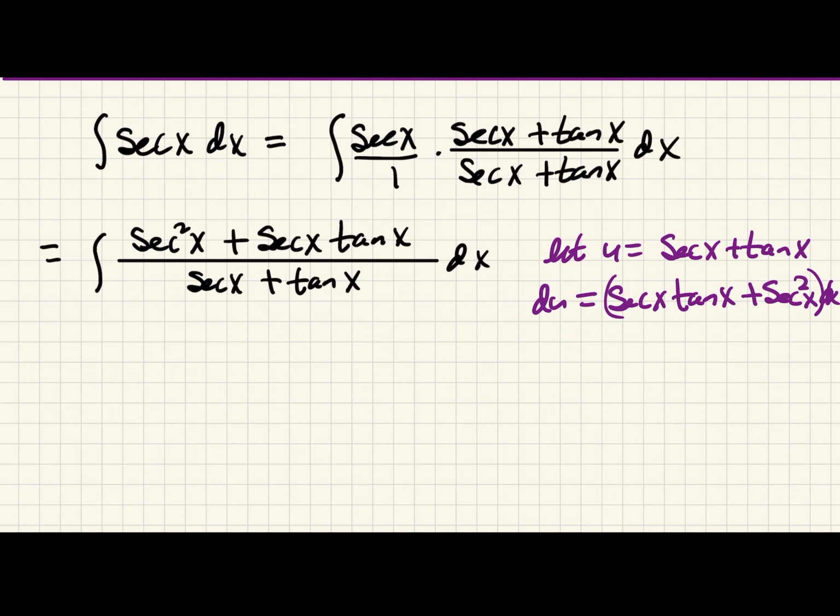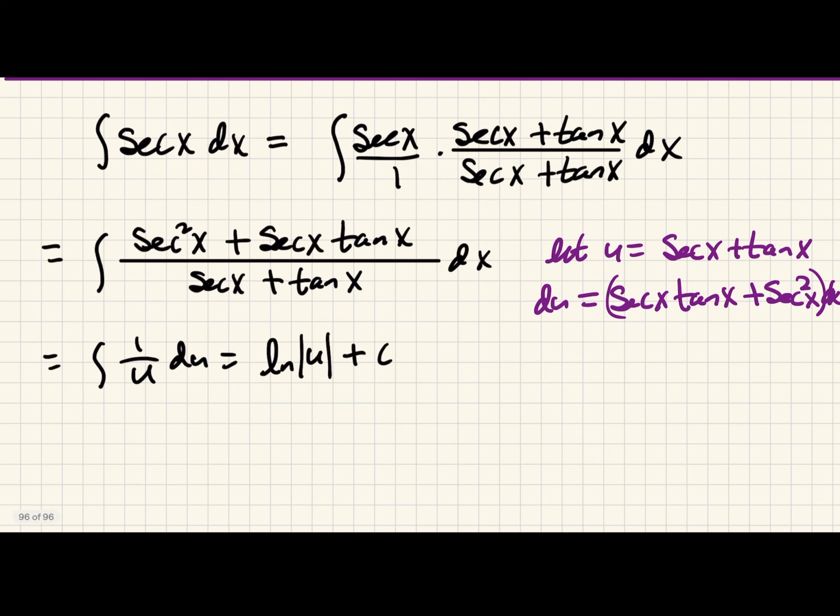So what we would have then is the integral of 1 over u du, which would be the natural log of the absolute value of u plus c, which would be the natural log of the absolute value of secant x plus tangent x plus c.